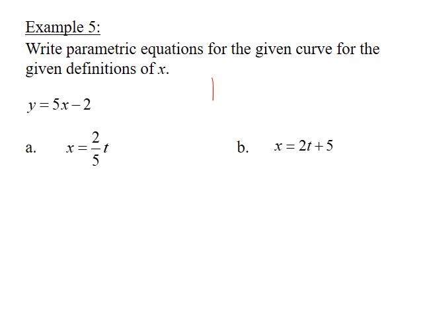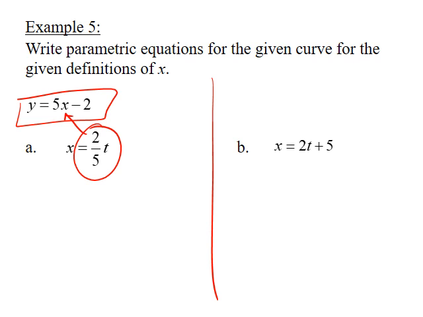So what we've done here is I have given you this, and what I'll want you to do is plug this here into the equation for y in order to find your set of parametric equations. So remember, when you have parametric equations, you're going to have x equals something, which is given to you, and then you'll have y equals something, which you'll find by plugging this in.